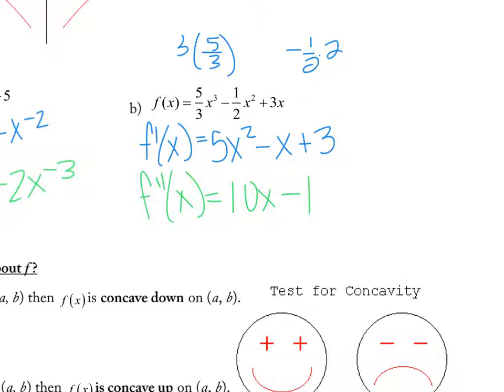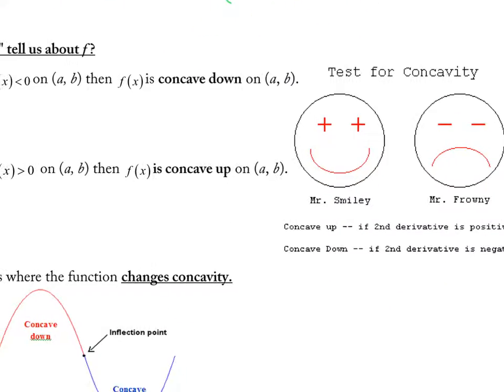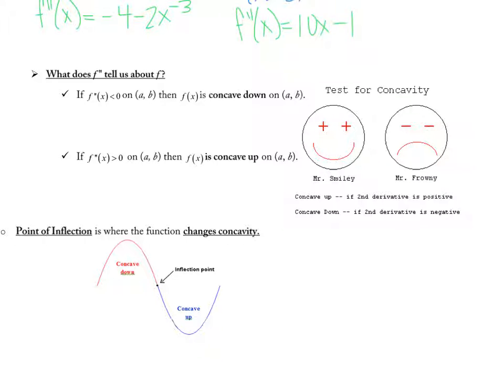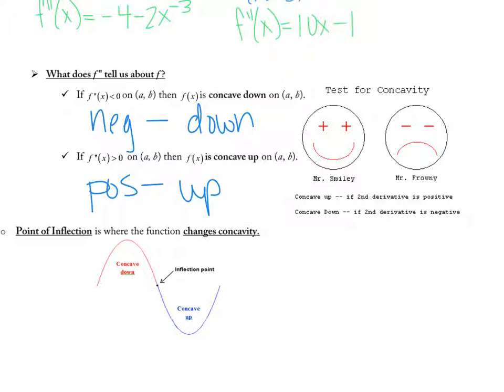Okay, so what does concavity tell us? If f double prime is negative, then that means we are concave down. If f double prime is positive, that means concave up. Here's a little way you can remember concavity.